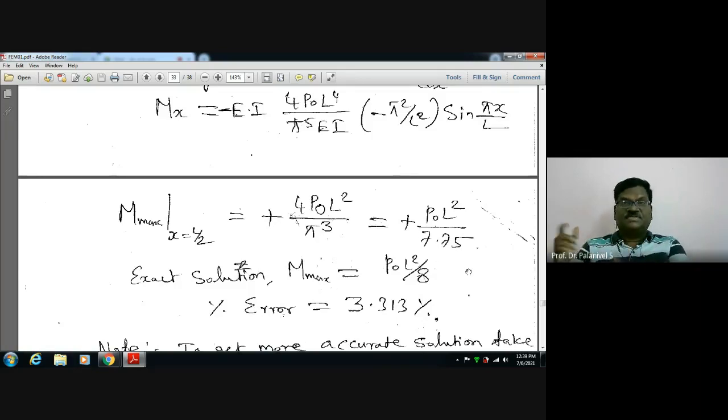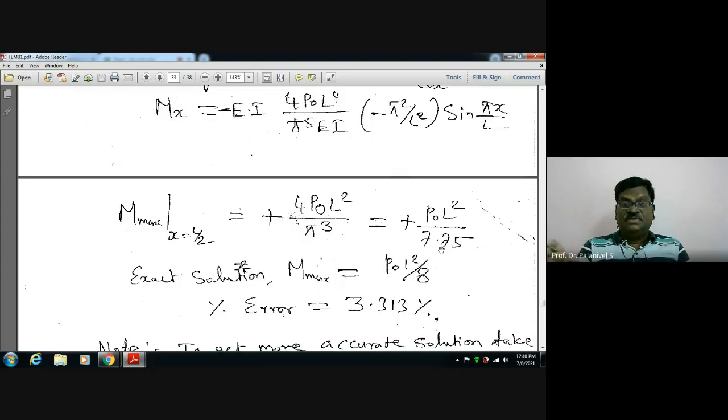If you want to achieve this 8, what to do? You have to go for a two-term approximation in the trial function. In the trial function, I have chosen only a one-term approximation. That is why I got only 7.75. I could not get slightly closer to the 8 in the denominator. If I want to go closer to this 8, I have to go for a three-term approximation. It may be very hard for you to do it manually, with the two-term, three-term, four-term approximation.